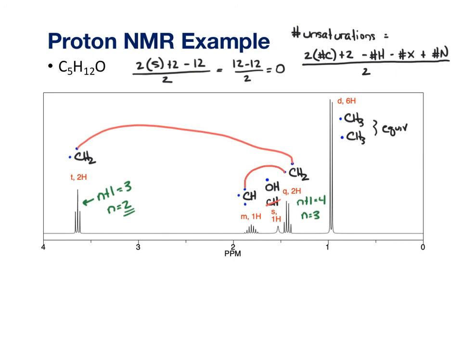Then if you look at these CH3s, this is a doublet. N plus 1 is 2. N equals 1. Those CH3s need to be connected to something with one hydrogen. Well, that's going to be this carbon right here. So let's do that.